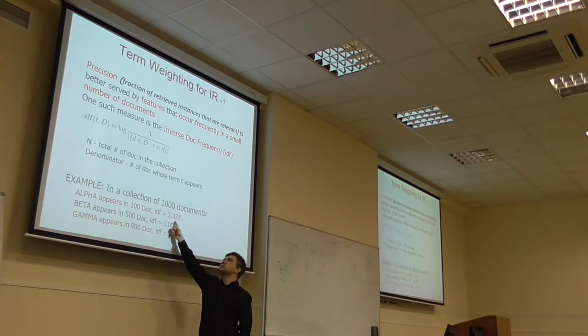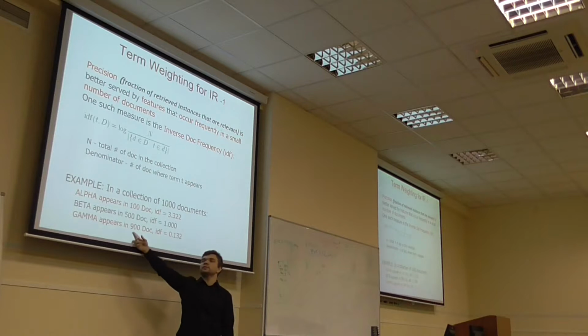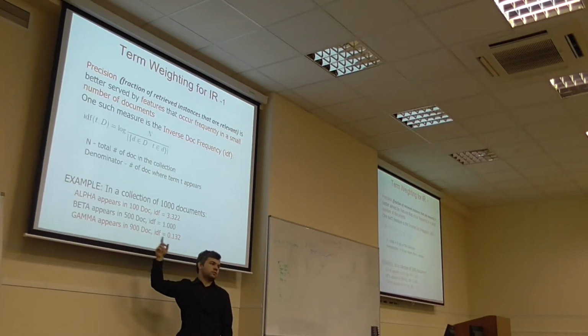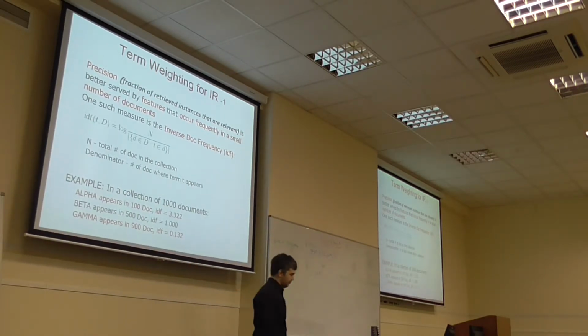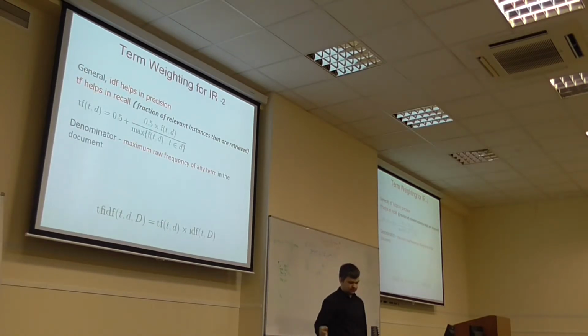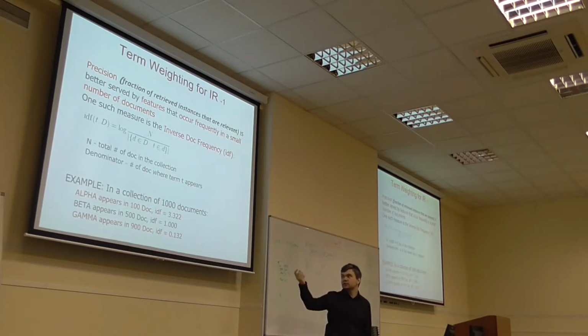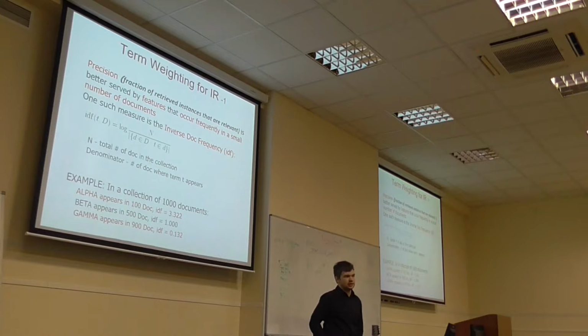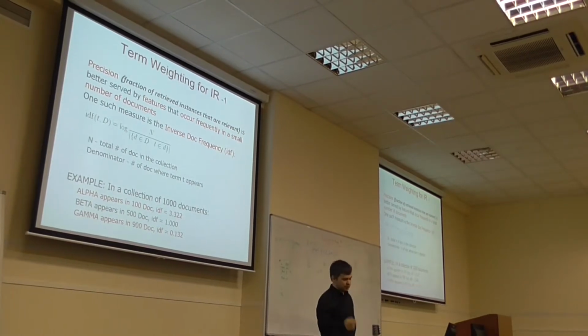The IDF will be bigger compared to when we have a term that appears in almost all documents. That is not too useful for us for precision. And if it's logarithmic, you get some small numbers, so it's nice. You don't have to normalize somehow.